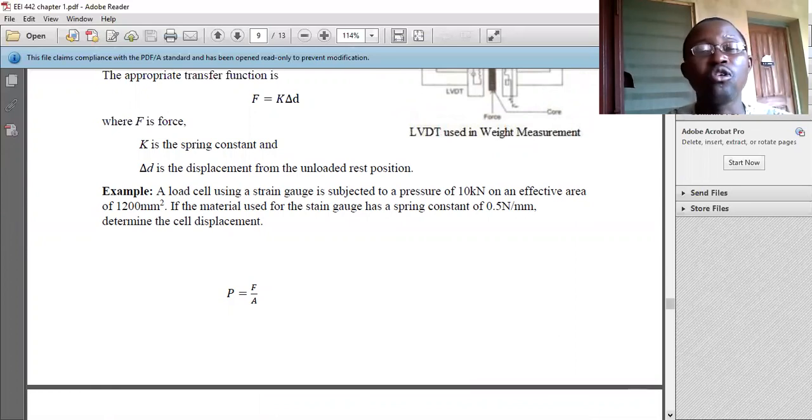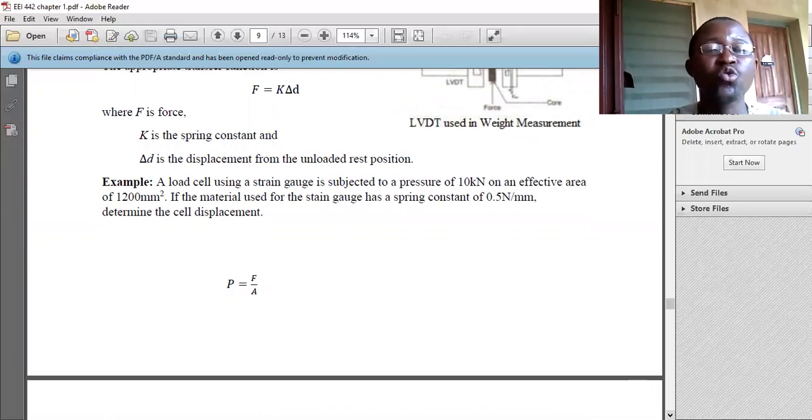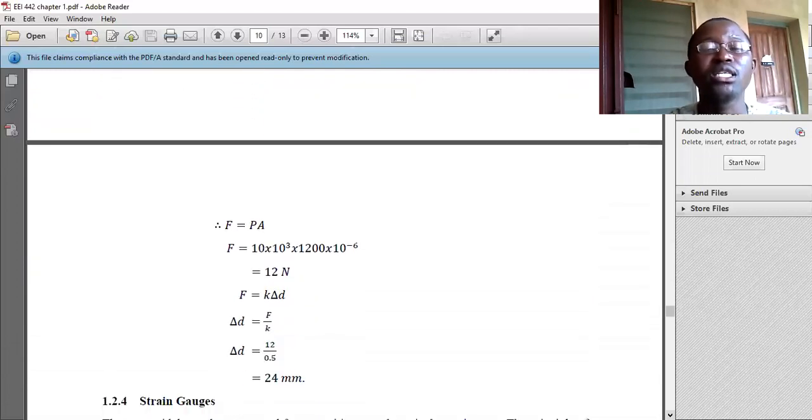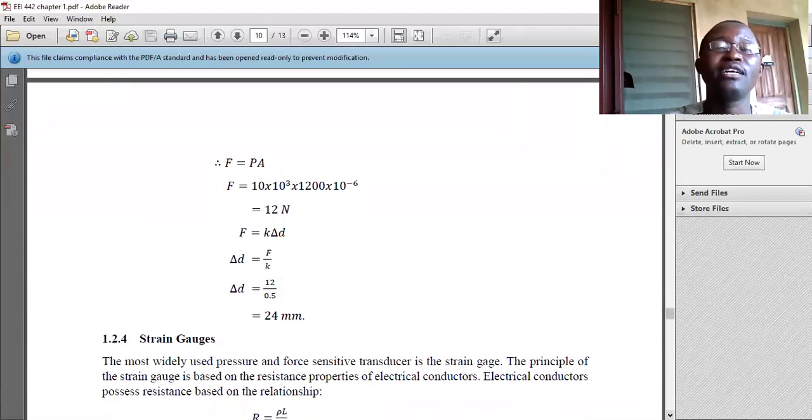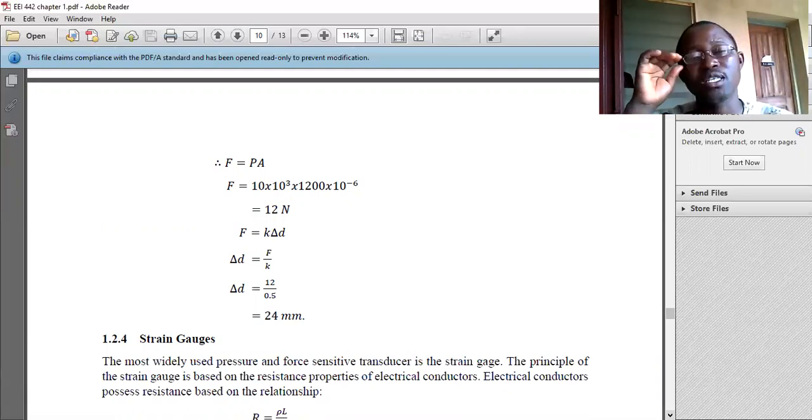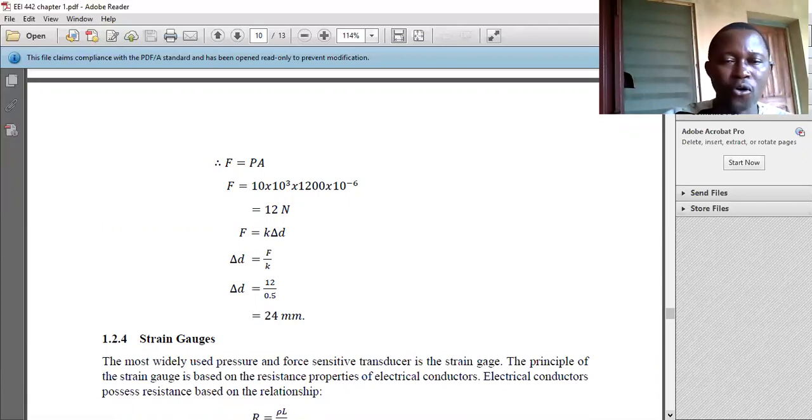What you need to do is to convert the millimeter squared into meter squared, and that is done by multiplying by 10 raised to the minus 6. So F equals 10 times 10 raised to the 3 multiplied by 1,200 times 10 raised to the minus 6, which gives us 12 Newton. Now, this 12 Newton is the force.